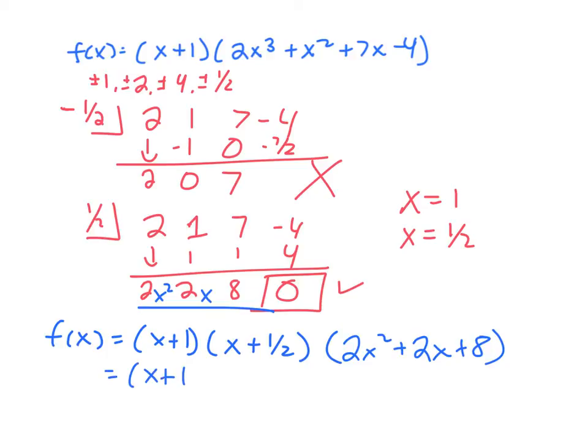I can pull out a 2 from that, so I'll have x squared plus x plus 4. Alright, I'm going to look at that for a second. Is it easily factorable? If so, then go ahead and do that. Otherwise, maybe we can use completing the square or the quadratic formula to solve when this equals 0. So let's do that on the next page.